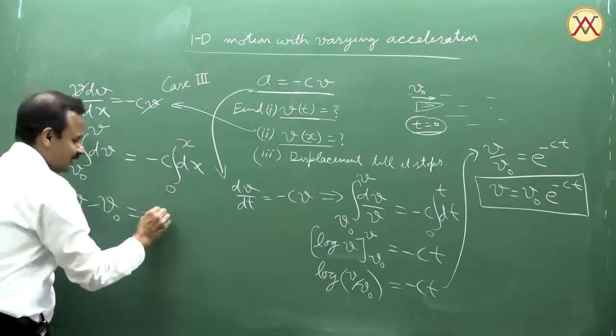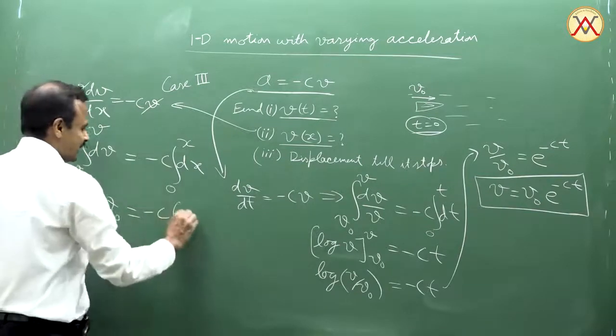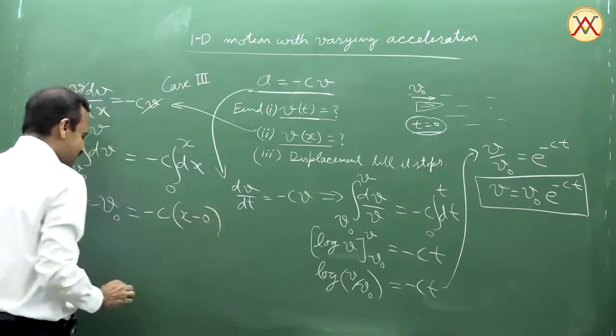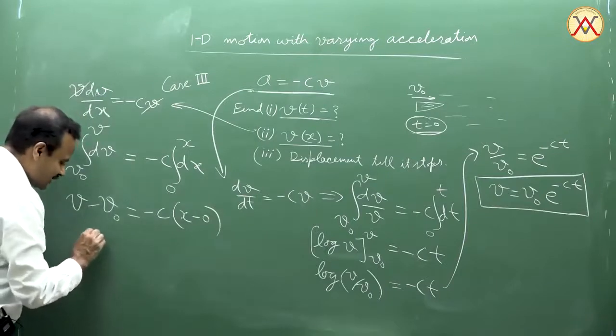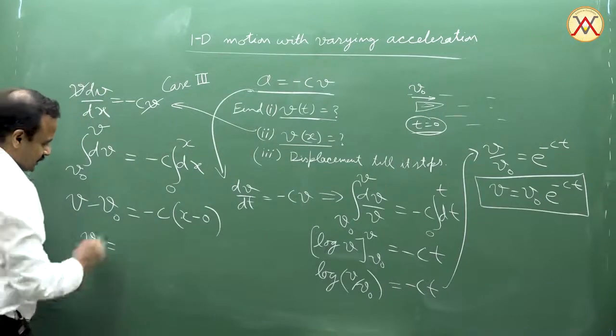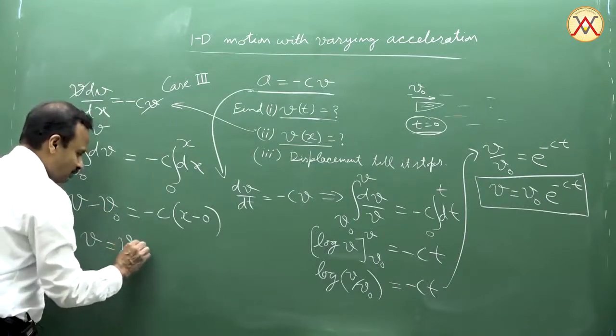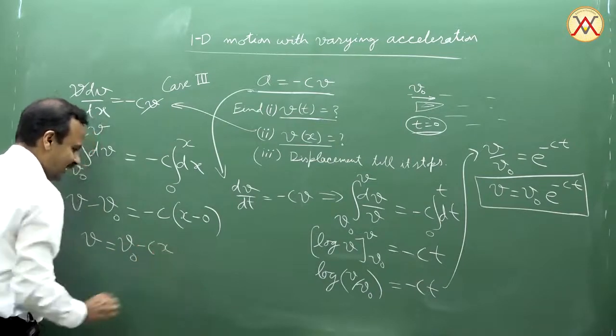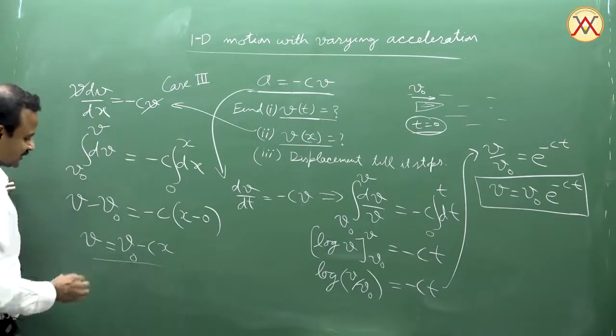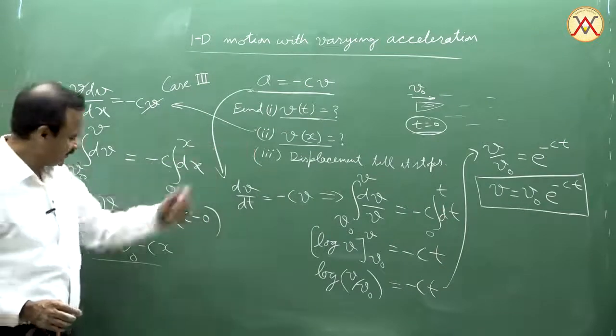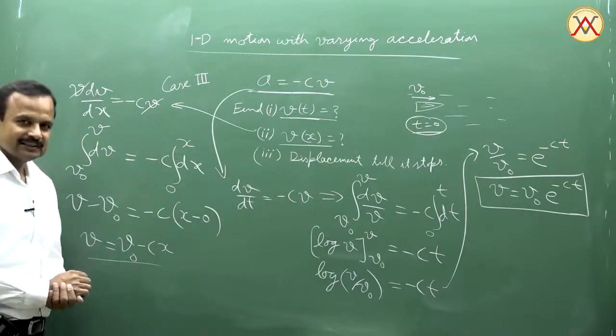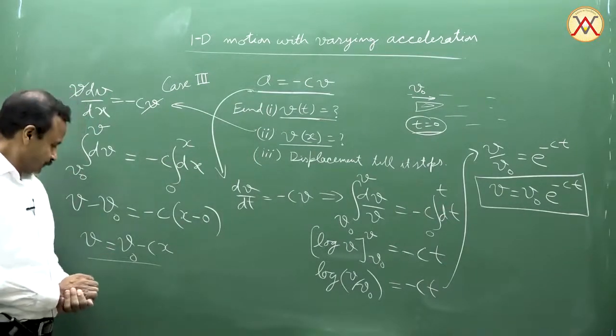The right hand side, after minus c, it is x minus 0. So you get v as v naught minus cx. So this is the answer to the second part, velocity as a function of x.